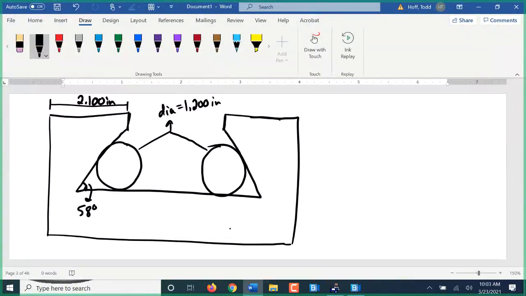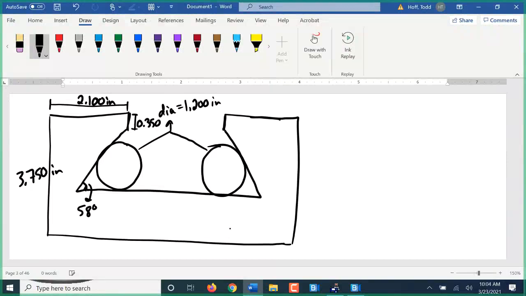Let's do this dimension right here, 0.35 inches. Over here on the side, I don't need the dimension marker in there. I can just label that one. Let's go with .75 inches.